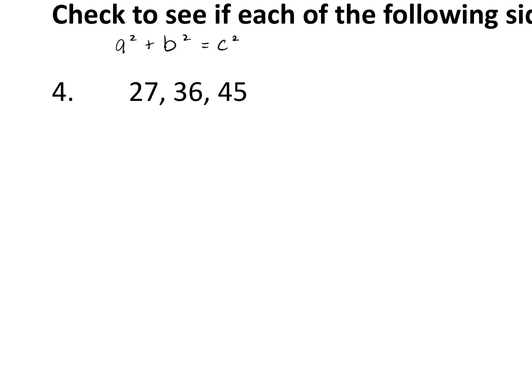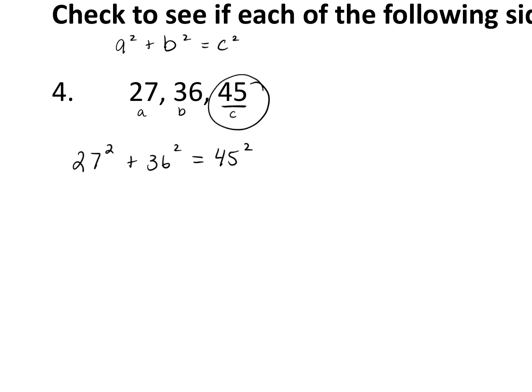Looking at these 3 numbers, 27, 36, and 45, 45 is my longest, so this is A, this is B, and that's C. Let's plug those into the equation: 27 squared plus 36 squared equals 45 squared. Don't forget your squared. We're going to see if C is equal to 45.